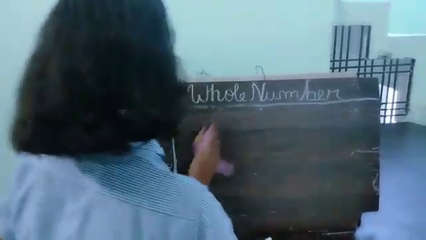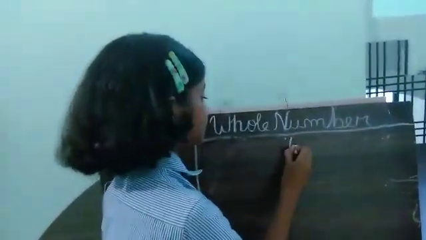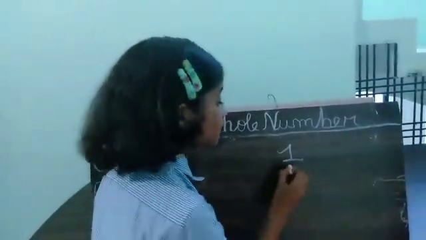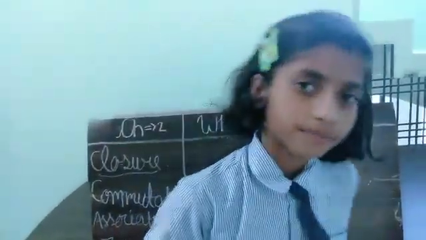Now, we will learn some facts about natural and whole numbers. First fact. You know friends, the smallest natural number is 1. And the smallest whole number, our second fact, is 0. Third.